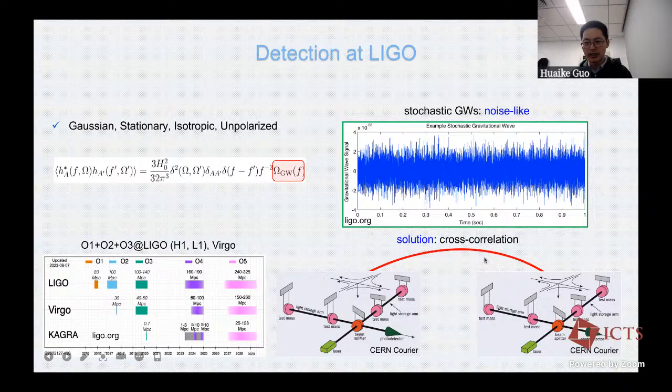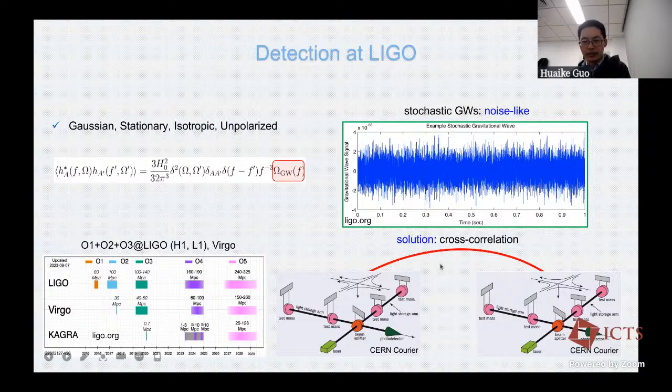Because it's noise, we cannot distinguish it from the other noises in detectors. So we cross-correlate the data streams from two detectors to filter out the noise but keep only the signal. This is called the cross-correlation technique, because the signal can affect the two detectors simultaneously, while most noise will affect only one detector.